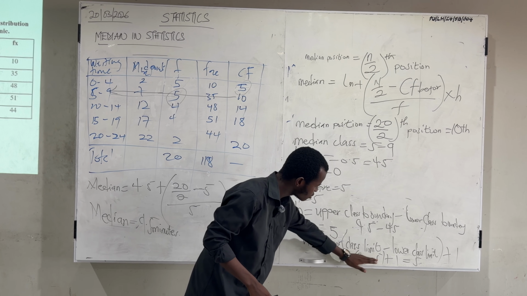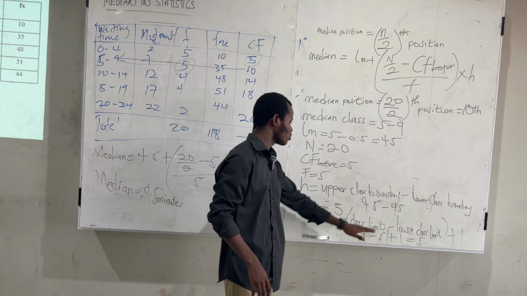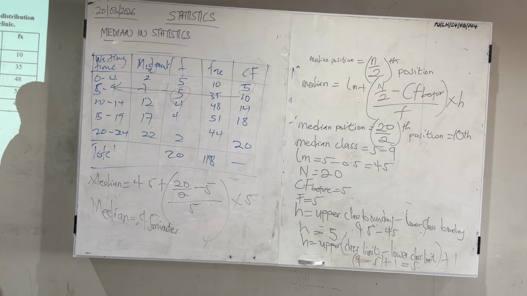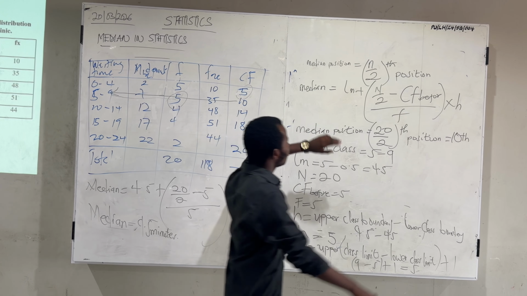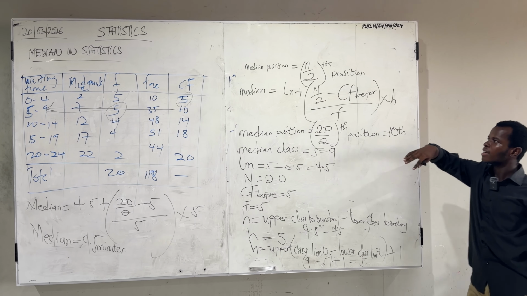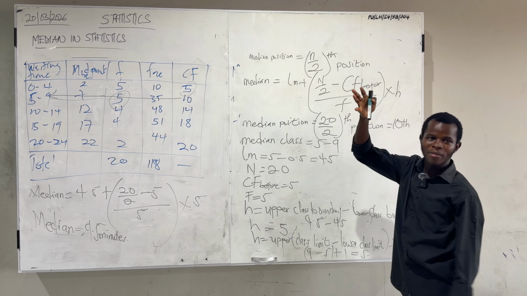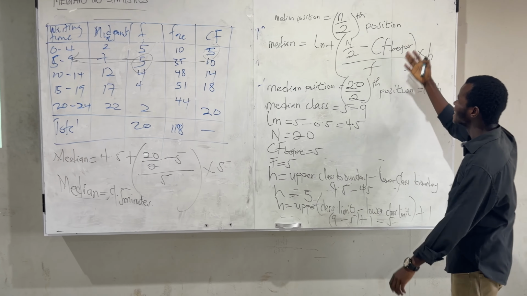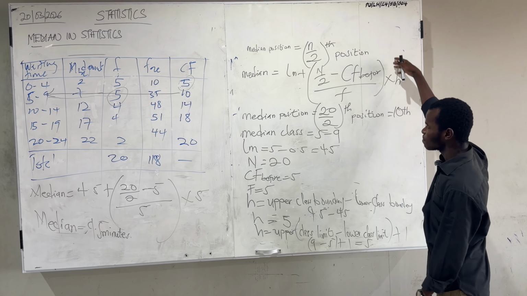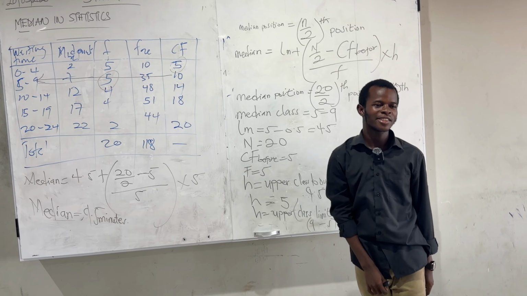You just subtract the lower class from the upper class and add 1 to it so that you get your H. All right, and when you are calculating the median itself on the formula, make sure that you solve the one in the bracket first. As in BODMAS from primary and JHS, the bracket first, and after the bracket you multiply before you come to the addition so that you get your accurate answer. All right, thank you.